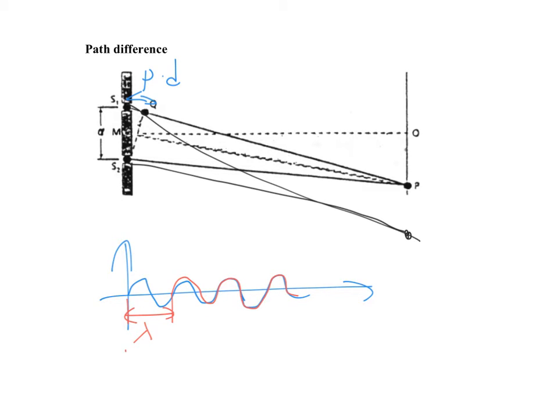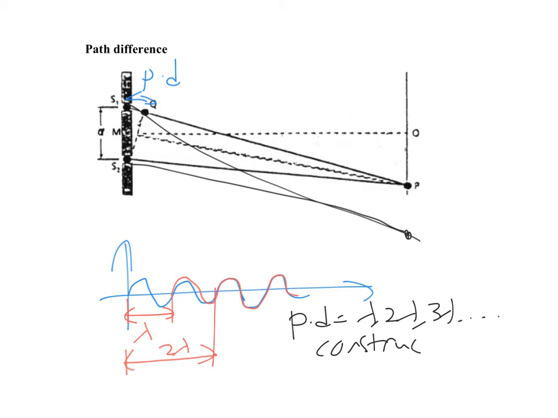The moment they meet here, do you form constructive or destructive? Constructive interference. So the conclusion is, if your path difference is equal to one wavelength, two wavelengths, three wavelengths, and so forth, you will definitely get constructive interference.